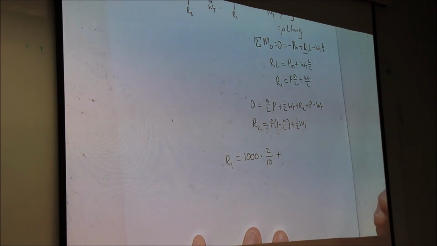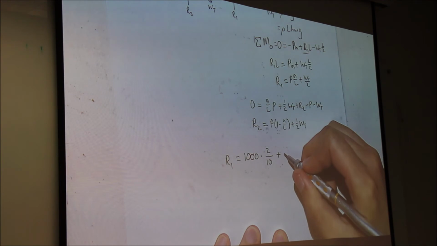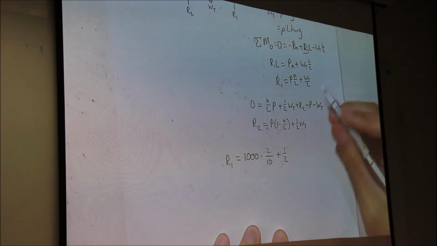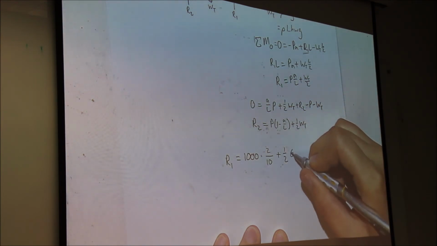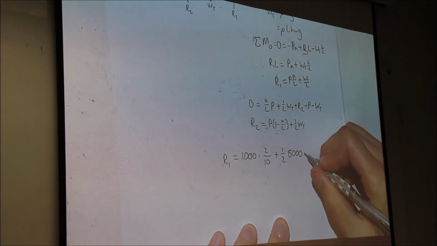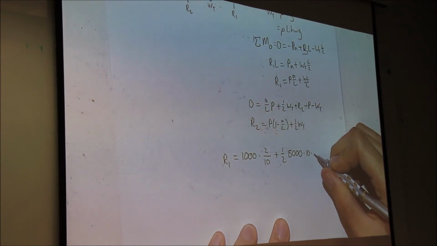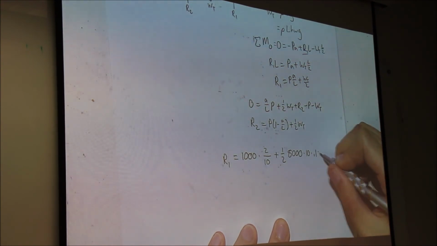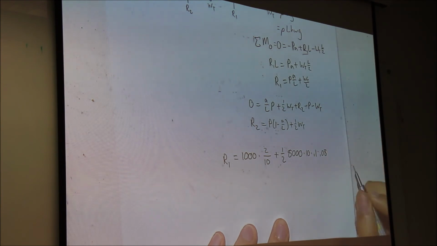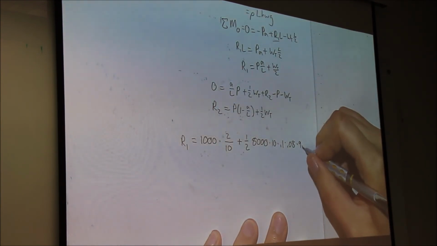And 1/2 weight total is 1/2 times rho, which is 8,000, times LHW, which is 10 times 0.1 times 0.08, times G, 9.81.